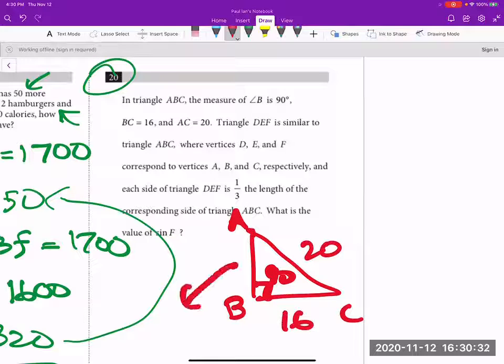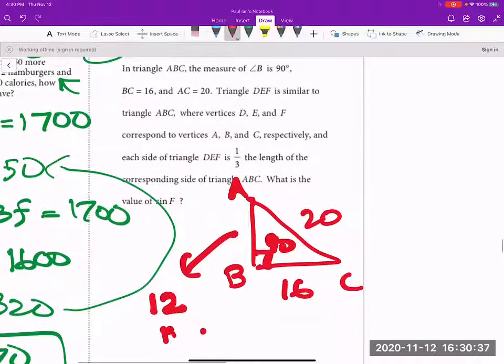After doing the Pythagorean theorem, you're going to get that this is 12.